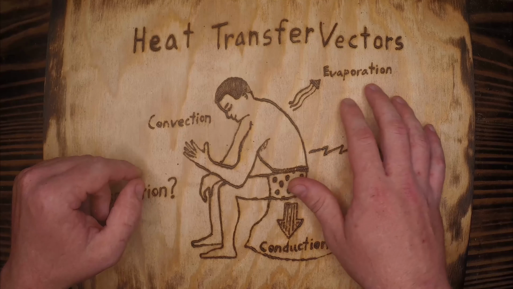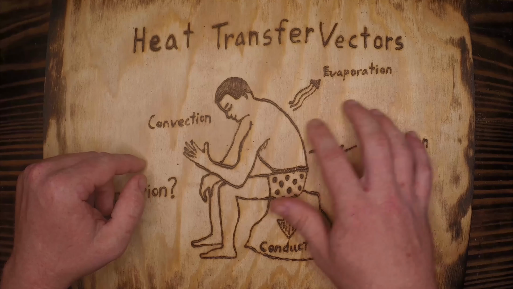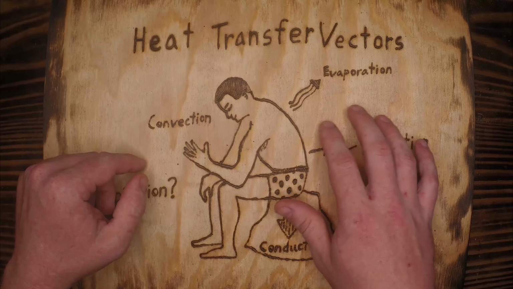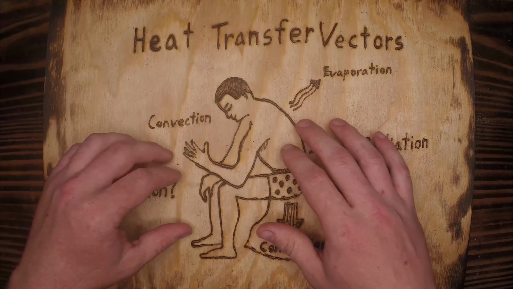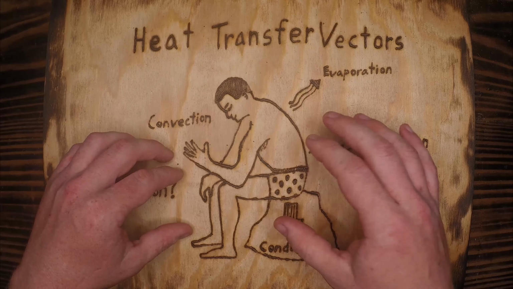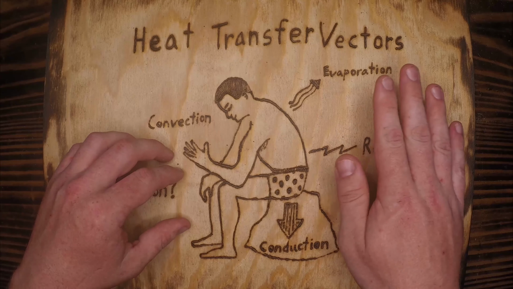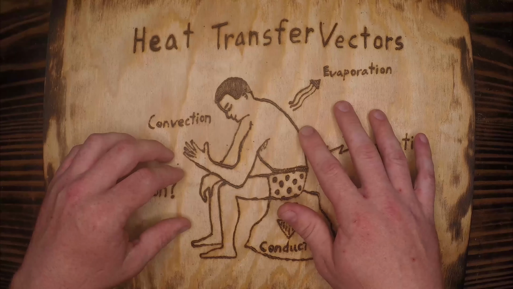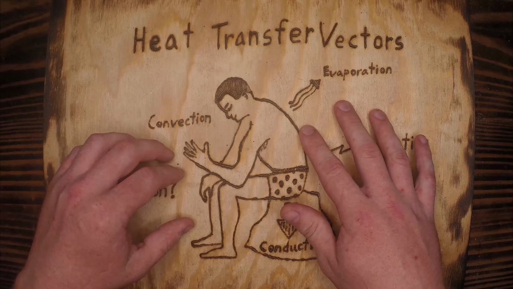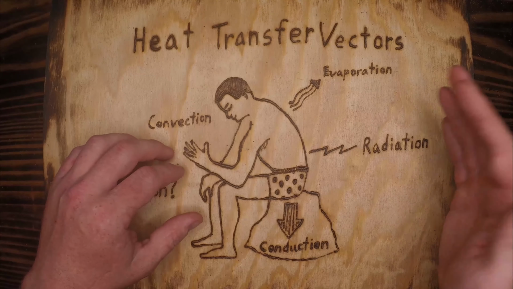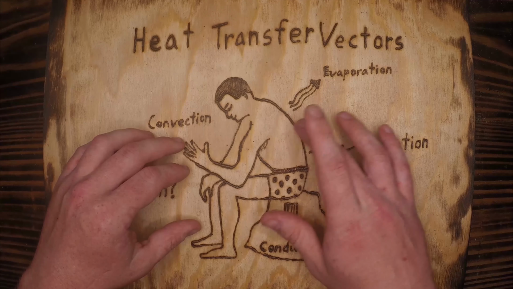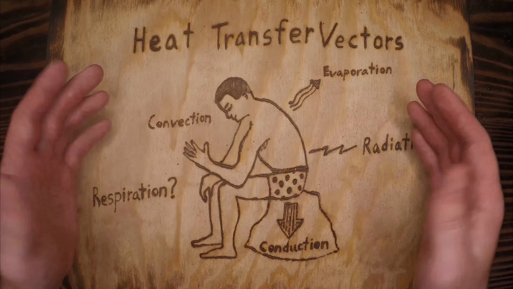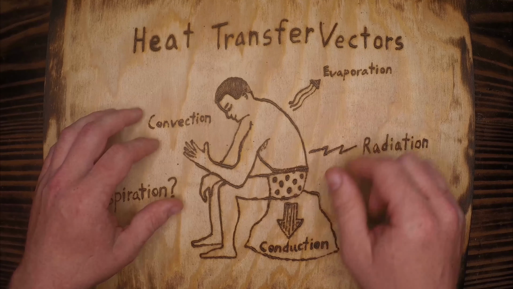Evaporation is because the water on your skin, your sweat, is trying to turn into a gas. The higher heat that you are, the easier this happens. Of course, the boiling temperature for unimpeded water is 212 degrees. We're not quite reaching that, but because of the slow air current over the body and the leaving of that liquid to gaseous form, you see a drop in temperature, and that's evaporation.